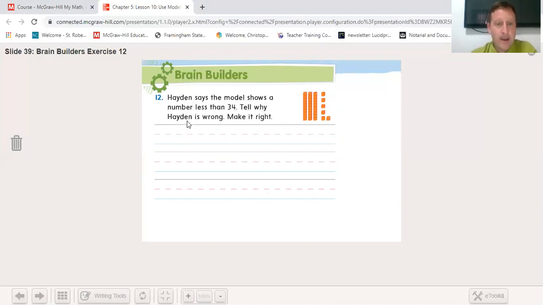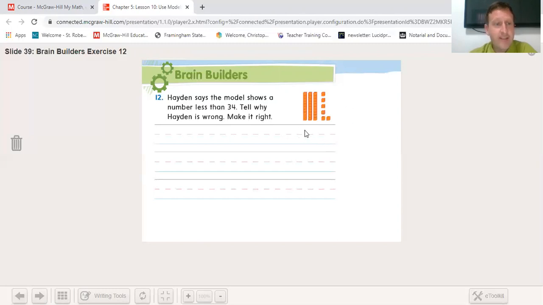Tell why Hayden is wrong and make it right. So this little boy, Hayden, said that the number here is less than, smaller than, fewer than 34. But let's have a quick look and count them. 10, 20, 30, 31, 32, 33, 34, 35, 36.